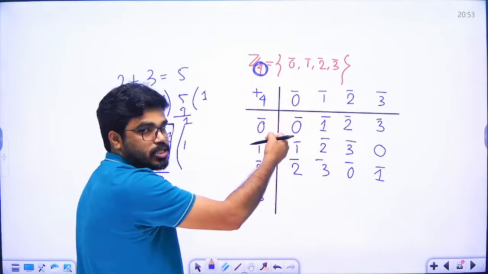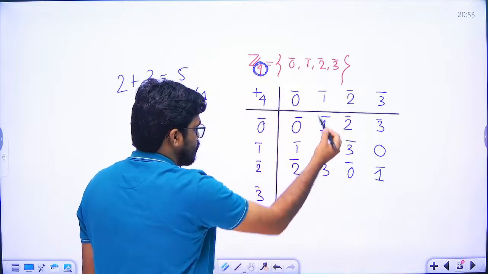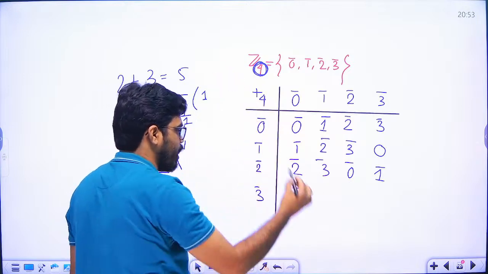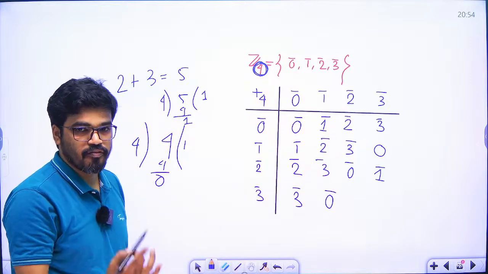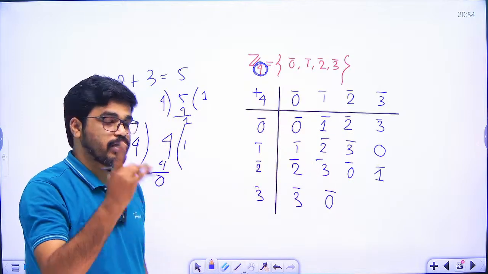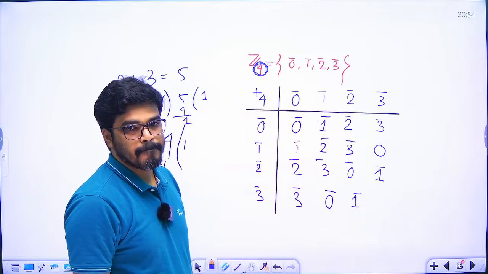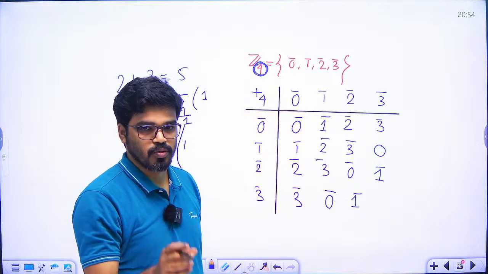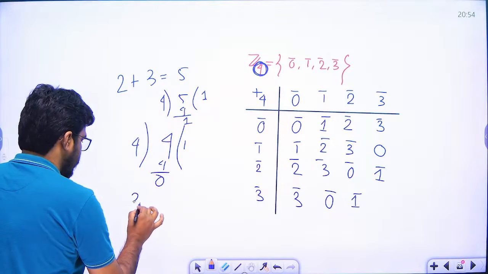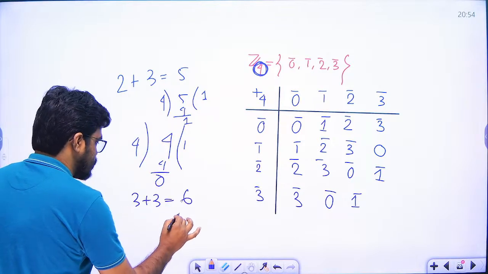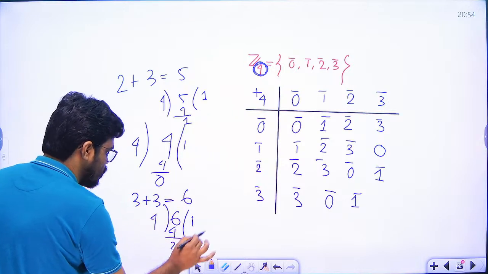3 plus 0, 3. 3 plus 1, 4, 4 কে 4 দিয়ে divide, remainder 0. 3 plus 2, 5, 5 কে 4 দিয়ে divide, that is remainder 1, ভাগশেষ, তাই তো? 3 plus 3, 6, 6 কে আমি কি করব, 4 দিয়ে ডিভাইড করব, রিমাইন্ডার কি হবে, 2 হবে.